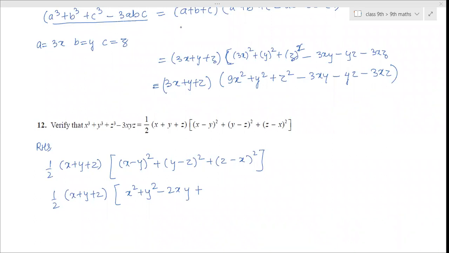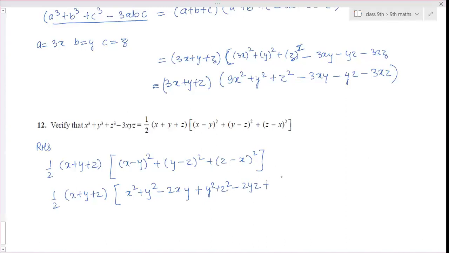Okay. What's the answer? So it should be y square minus z square. No. Y square plus z square minus 2yz.